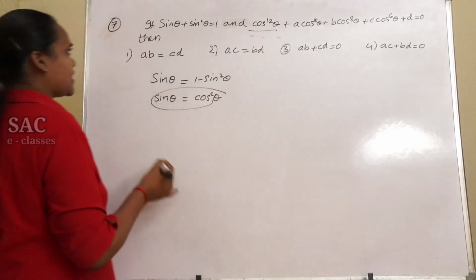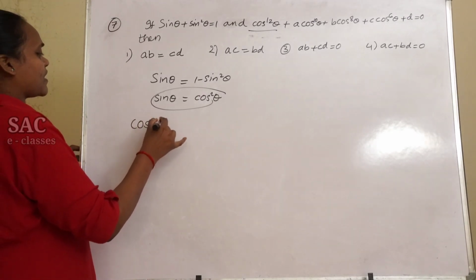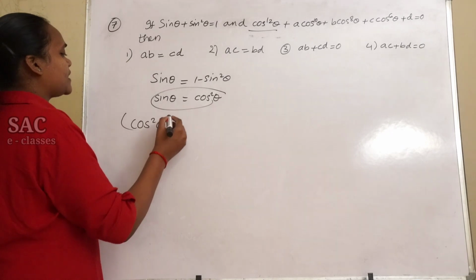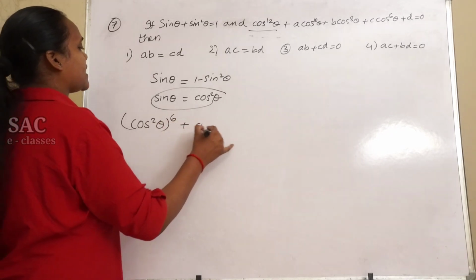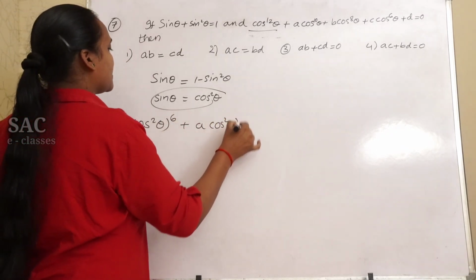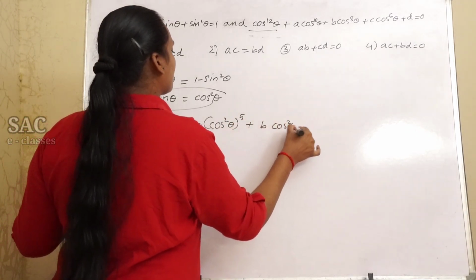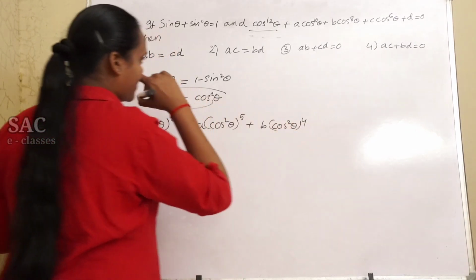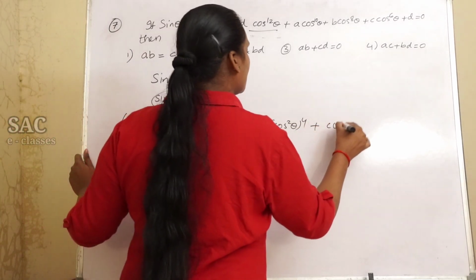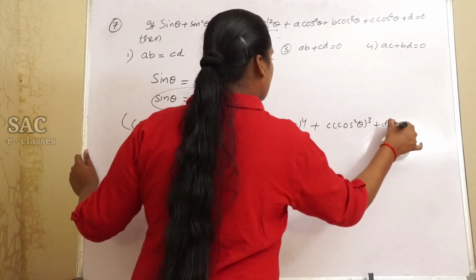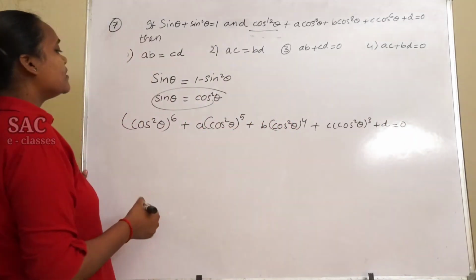By observing the given condition, cos power 12 can be written as (cos square theta) whole power 6 plus a into (cos square theta) power 5 plus b into (cos square theta) power 4 plus c into (cos square theta) cube plus d equal to 0, they say.